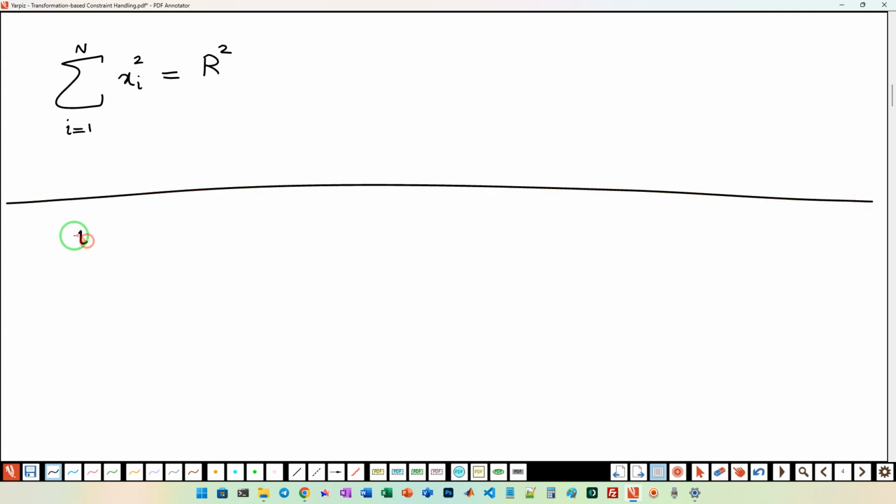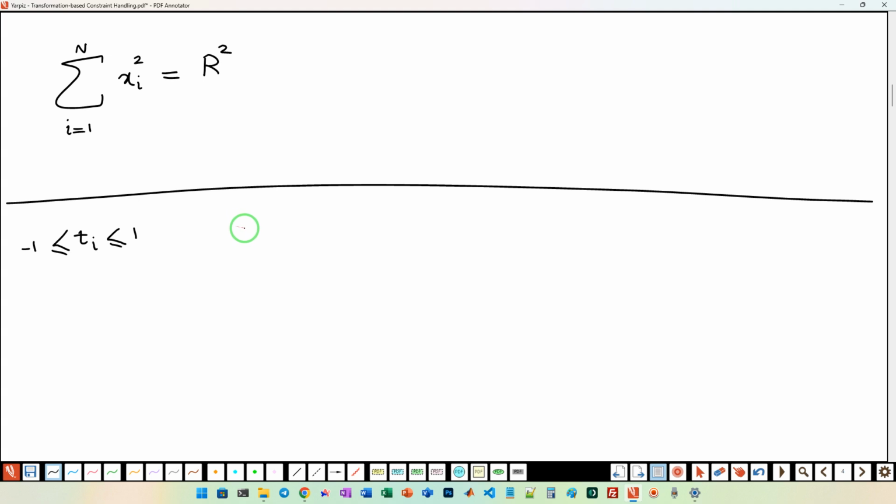Again, let's define an auxiliary variable or temporary variable. But this time, it must be less than 1, but it can be negative also. And this time I define this in this way.